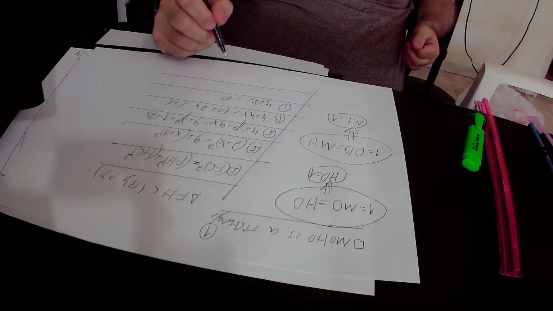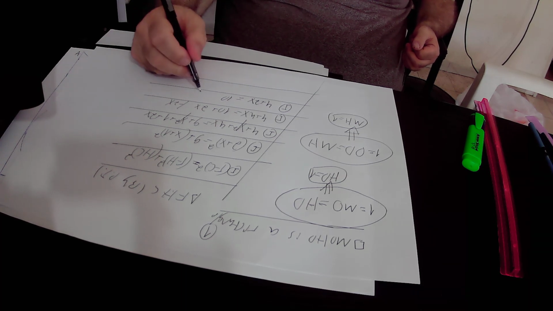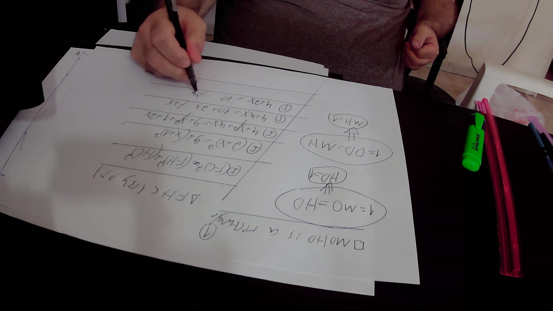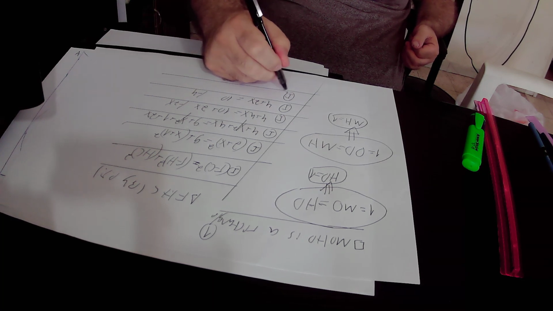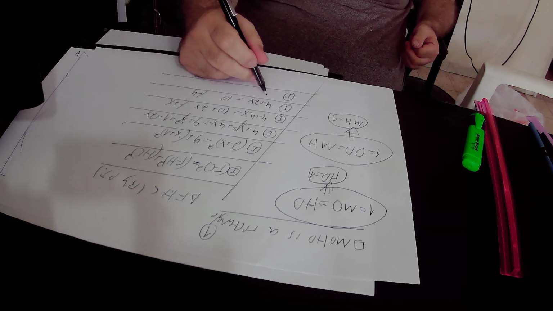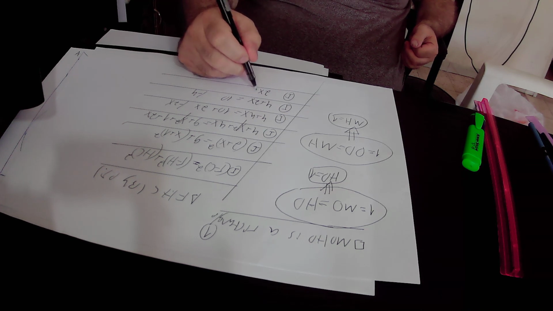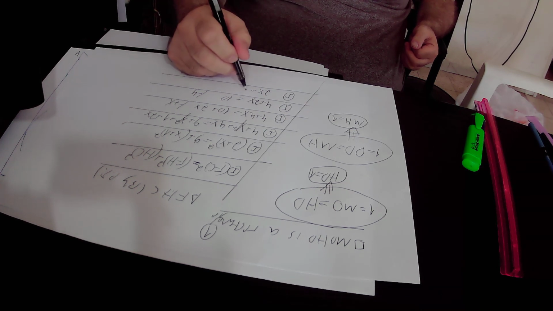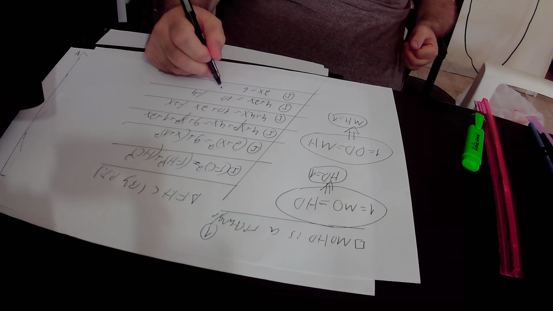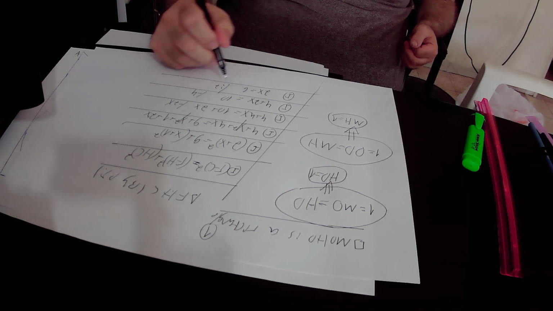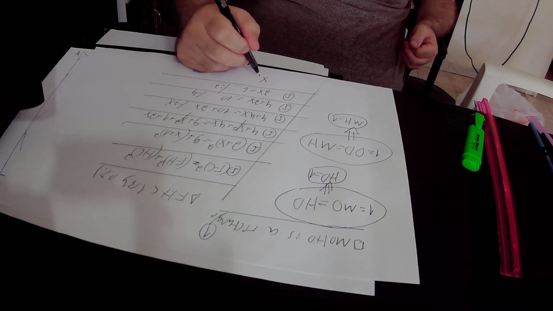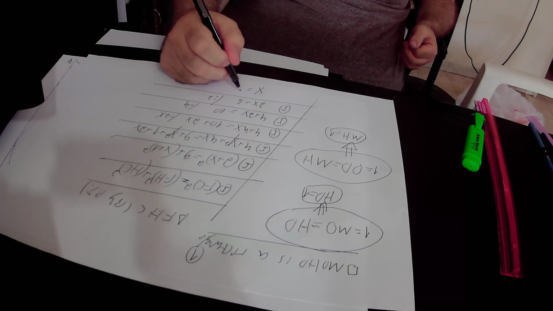So here we subtract 4 from this equation, equation number 1, and we get that according to equation number 1, 2x equals 10 minus 4 is 6. Here we will divide this equation by 2, and we will get that x, according to equation number 1, equals 6 over 2 is 3.